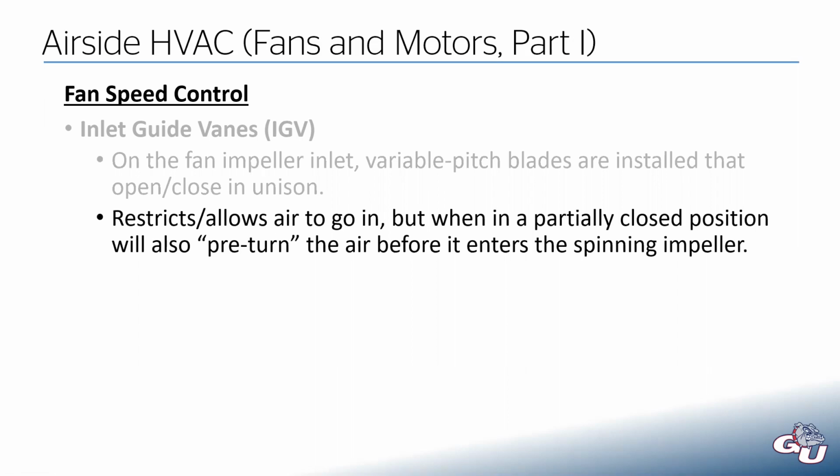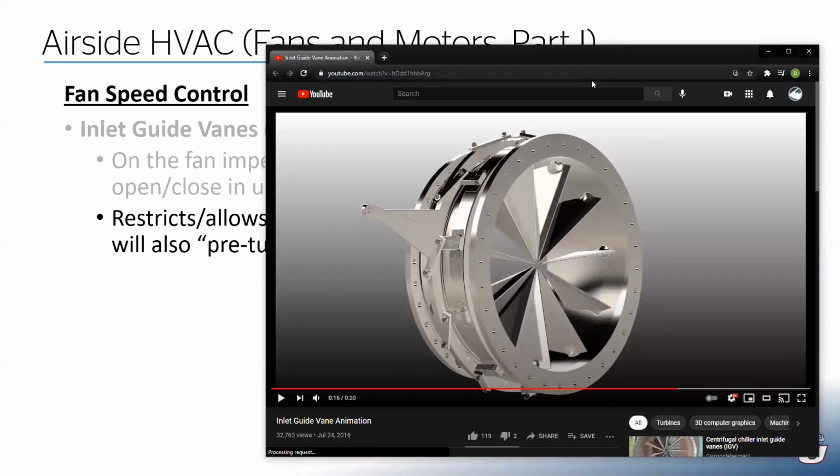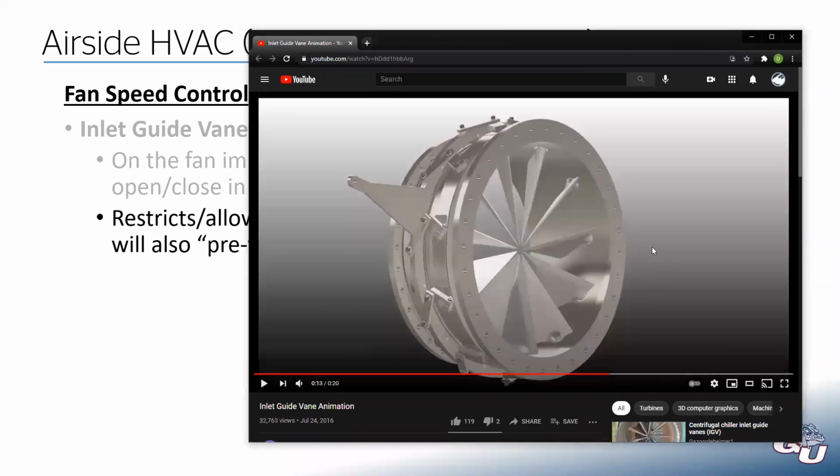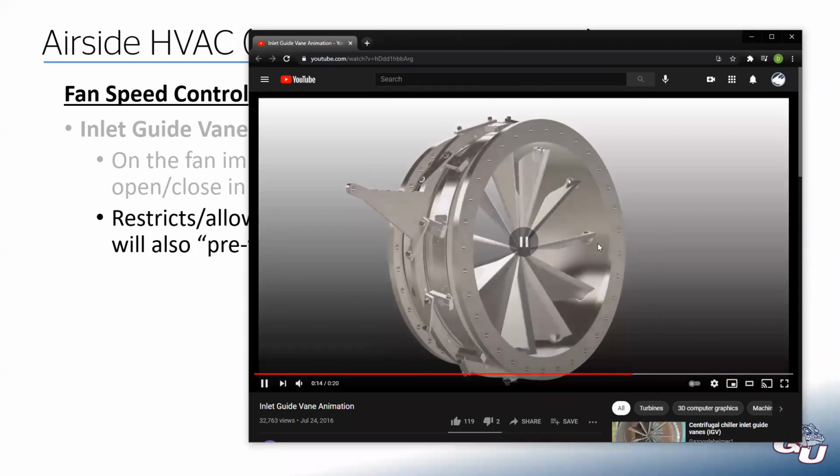But the other unique thing about this is when those are in a partially closed condition, what ends up happening is as the air moves through this thing, it actually pre-turns the air.